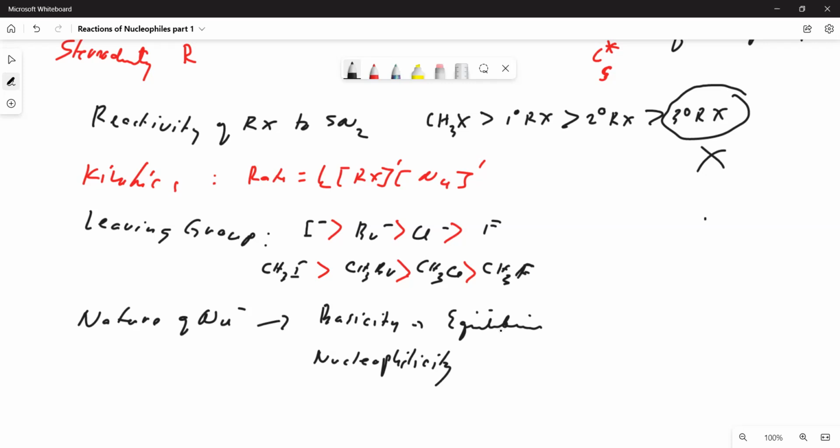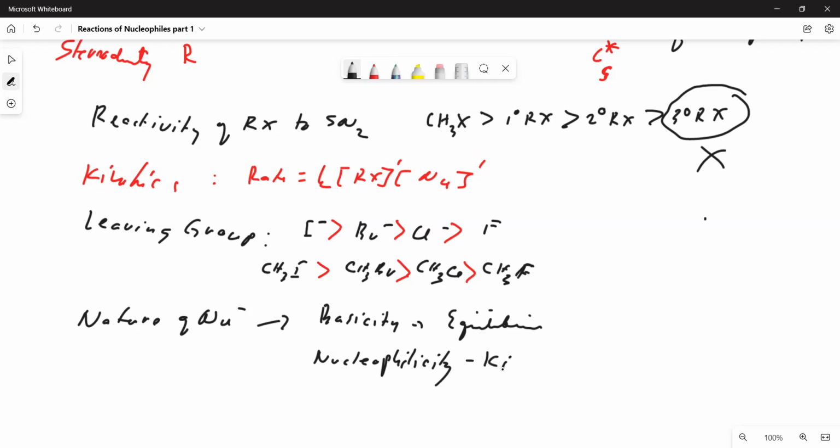The higher the OH, the more basic. That is the term basicity. Or in the Lewis concept, the greater the ability for the compound to share its pair of electrons to the acid, the more basic. Now, nucleophilicity is a kinetic term.